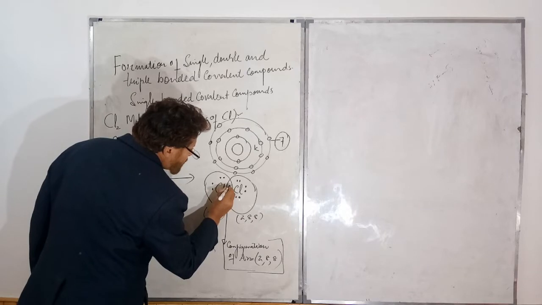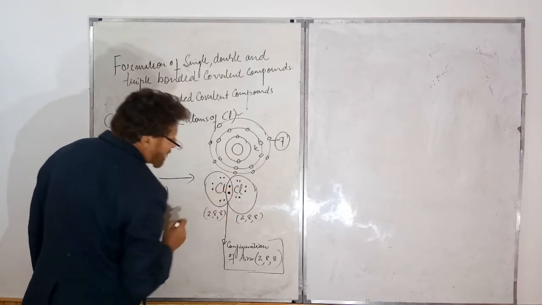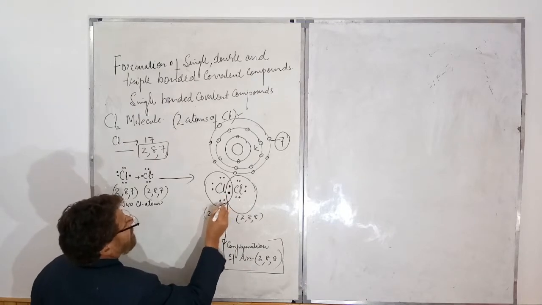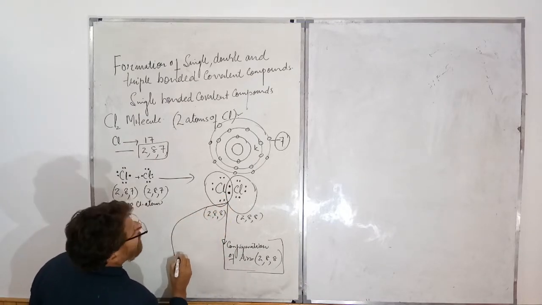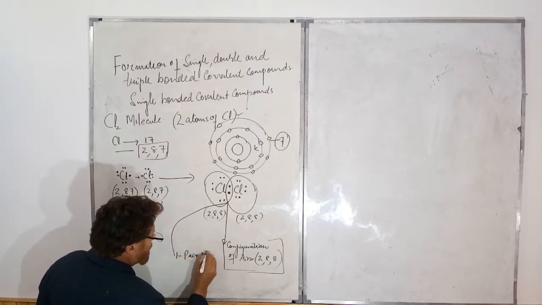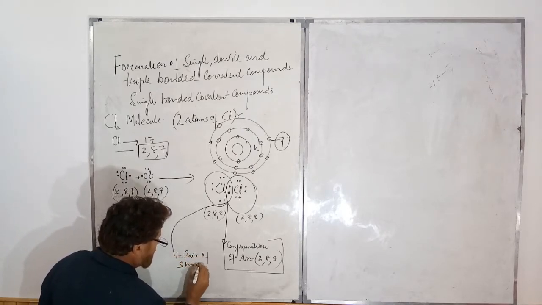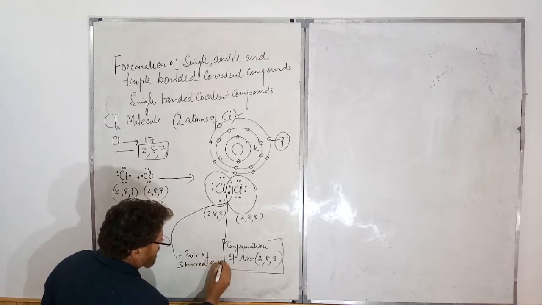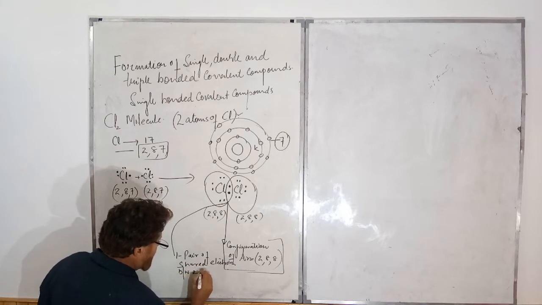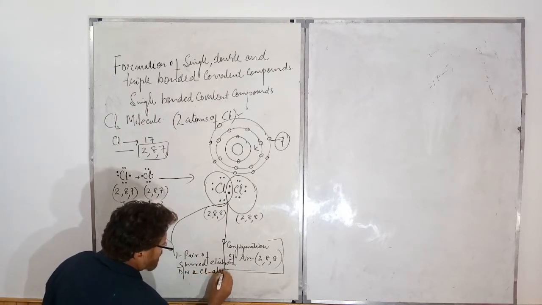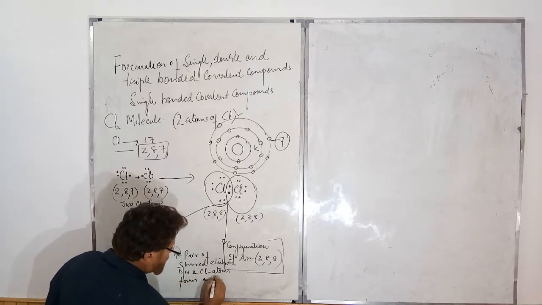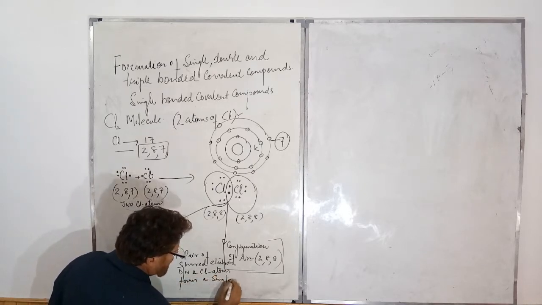And here you have seen two dots, that means it consists of a single covalent bond. This single covalent bond is one pair of shared electrons between two chlorine atoms.